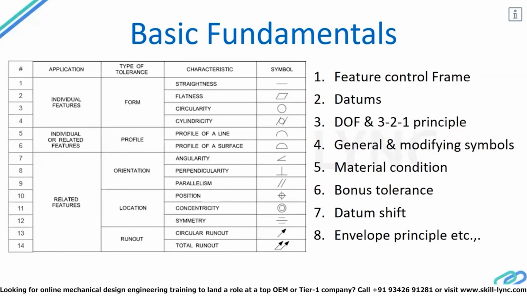And when one understands all these terminologies, how to use it, how not to use it, what is the meaning of all these terminologies, what is the actual interpretation of all these terminologies, only then you can start to read a drawing. So I have listed few fundamentals here, and there are additional topics too available in GD&T for one to start at beginner level and to become expert through due course of time.